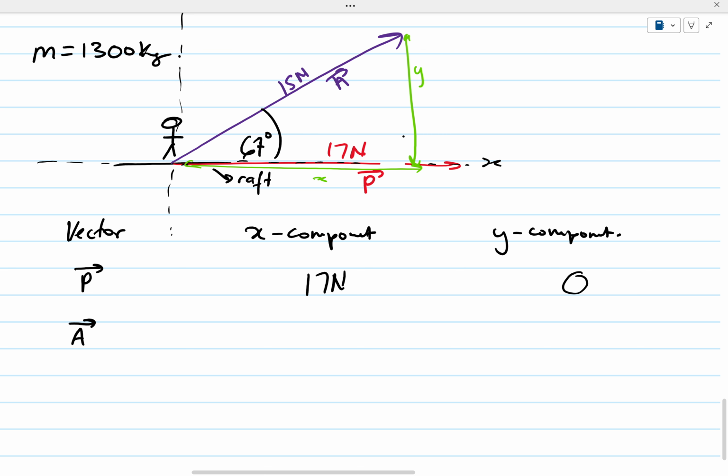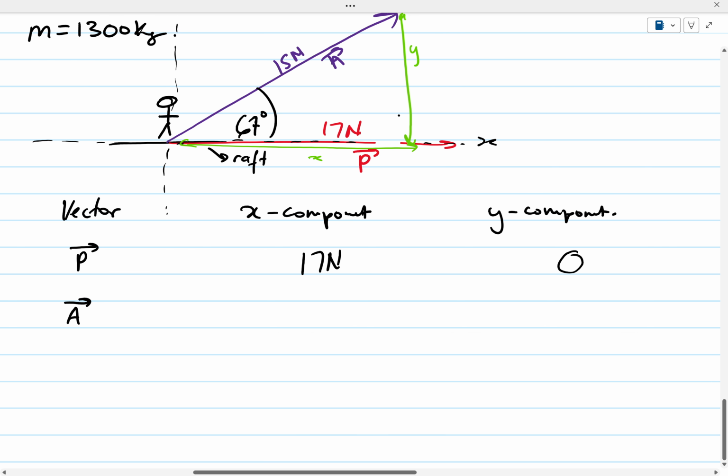So remember, cos theta is equal to what? Adjacent over the hypotenuse. And we're trying to find the adjacent. Therefore, the adjacent is equal to the hypotenuse times cos theta.